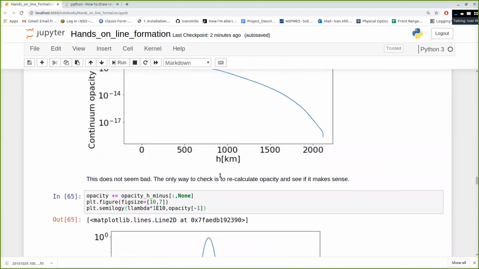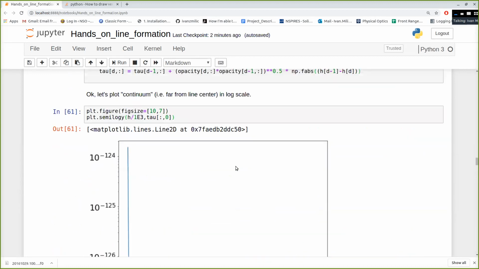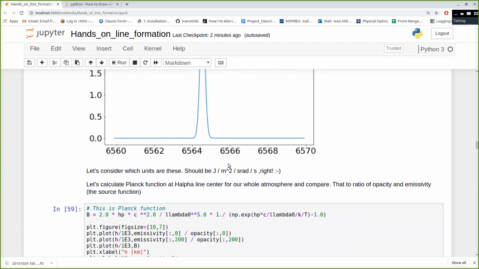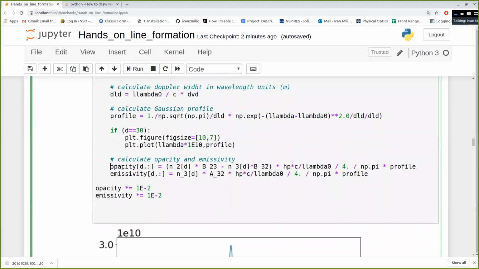What in classical terms is cross-section, for us was the Einstein coefficient, right? Here I'm calculating my opacity using Einstein coefficients. Larger Einstein coefficients imply higher cross sections.